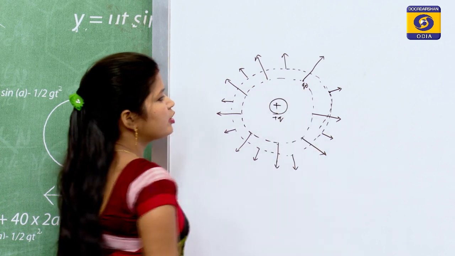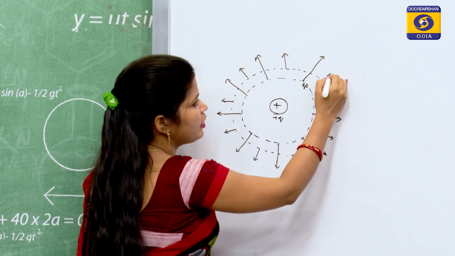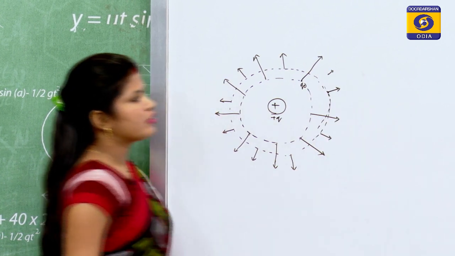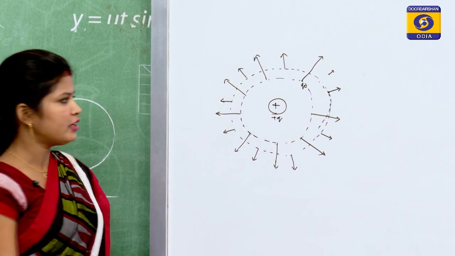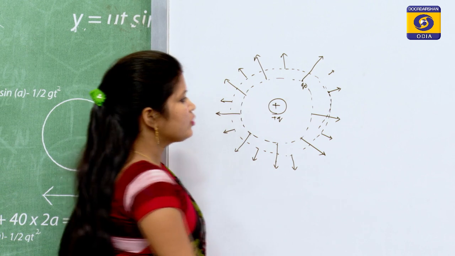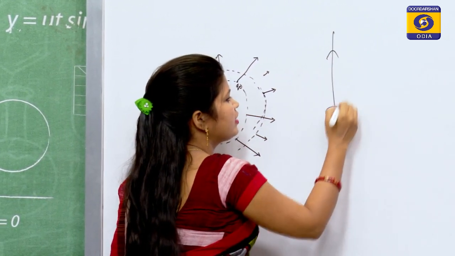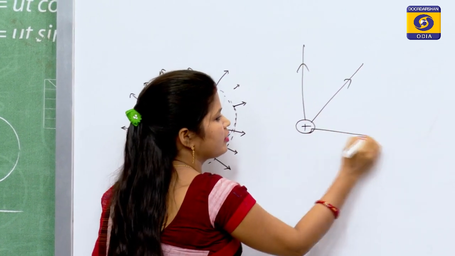Okay. Similarly, when we place the test charge here, the electric field will be like this and less than before. Okay. So, for a positive point charge, electric field lines are outward.